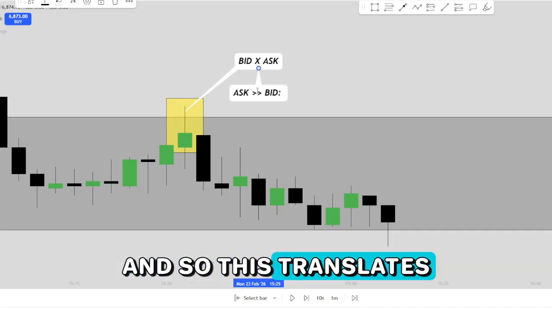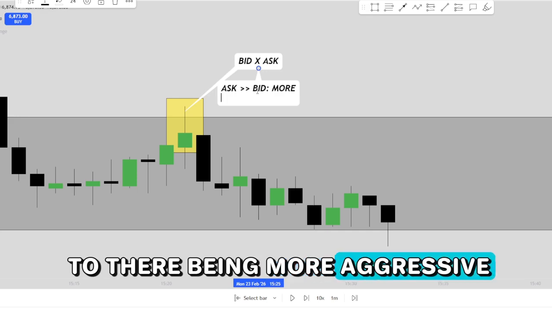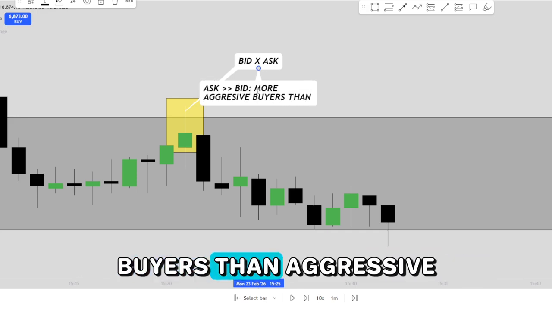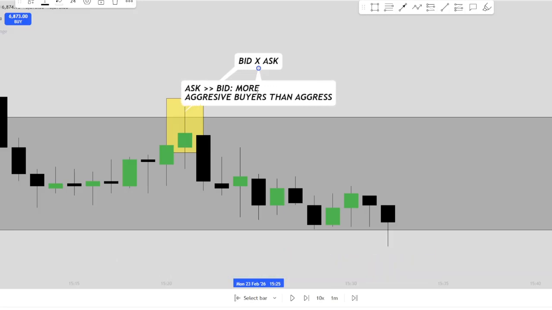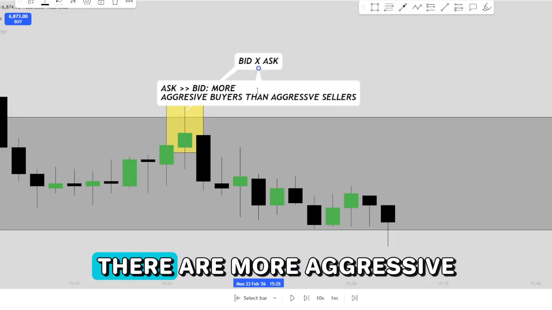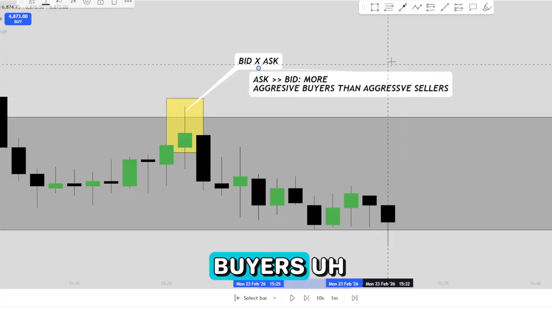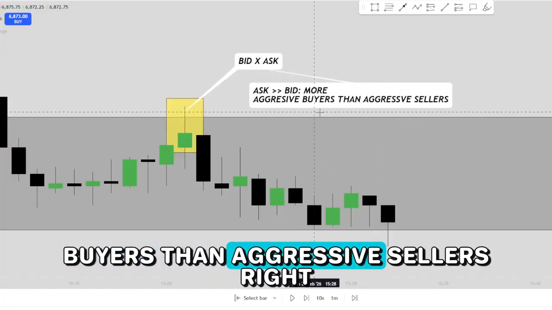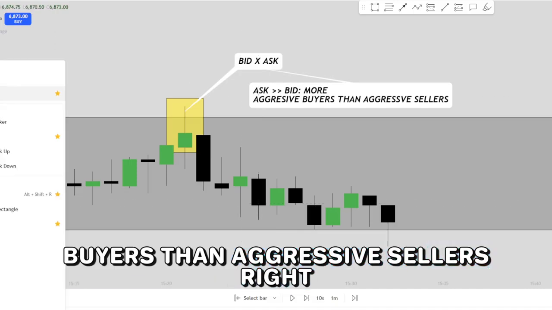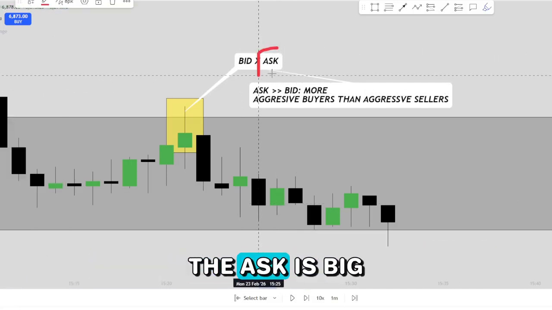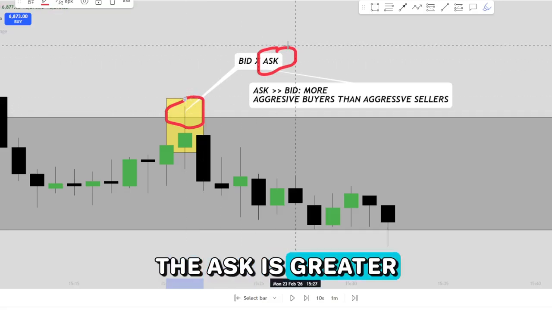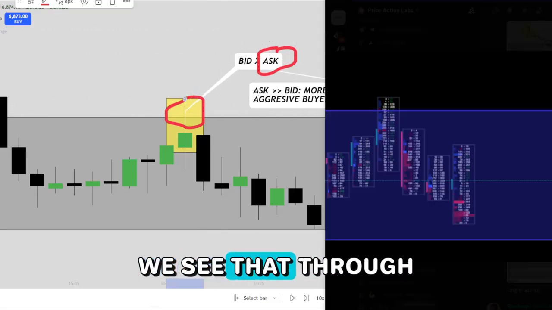This translates to there being more aggressive buyers than aggressive sellers, mind my spelling. That's all that's happening over here. The ask is big over here, the ask is greater than the bid. We see that through blue delta.